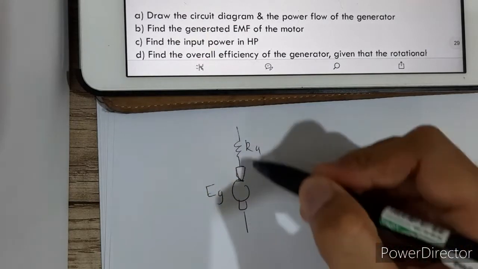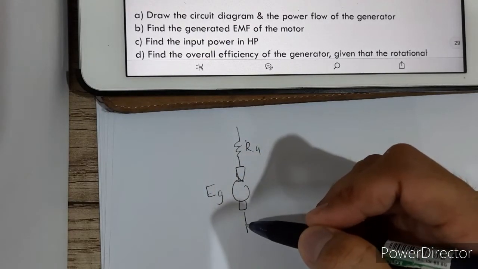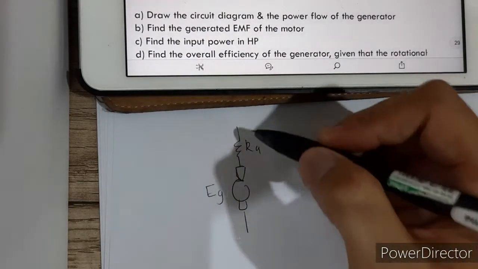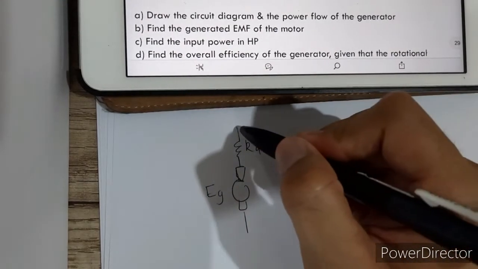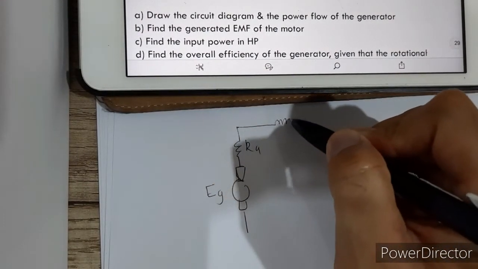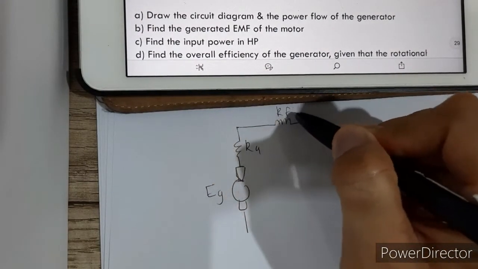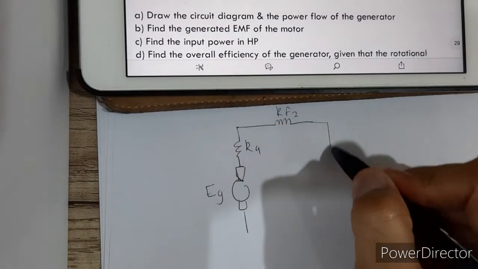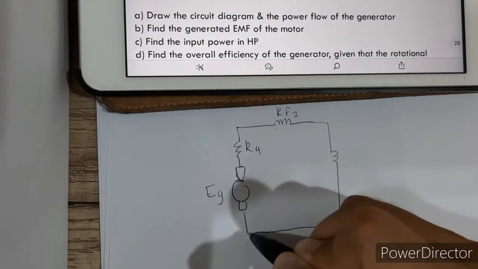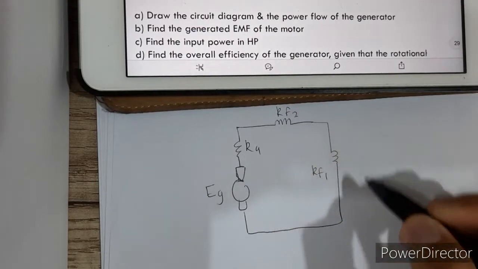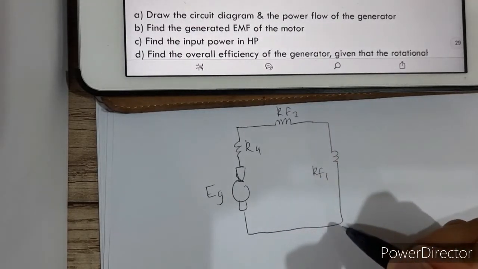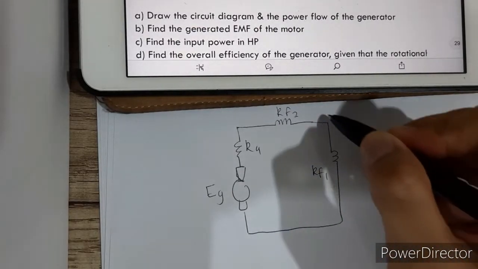The combination of RE and EG we call the armature circuit. Because this is compound, it has RF2 in series, and then RF1 in parallel. So this is the armature circuit, and the field circuit, RF1 and RF2.